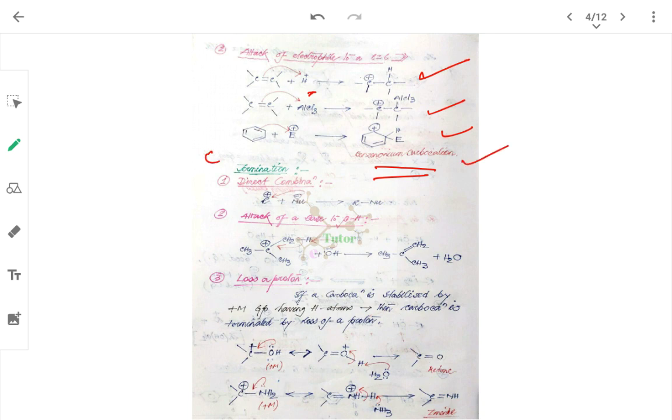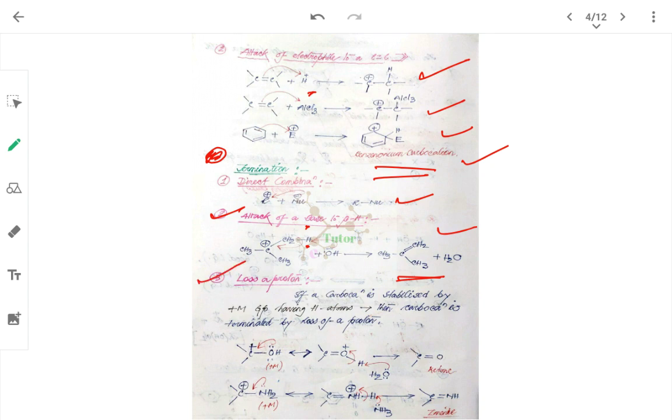Now the step is the termination step. In the termination step, if direct combination occurs with the nucleophile, it forms a direct combination product, or a base attacks a beta hydrogen, and that beta hydrogen is attacked by a base and ends the reaction.